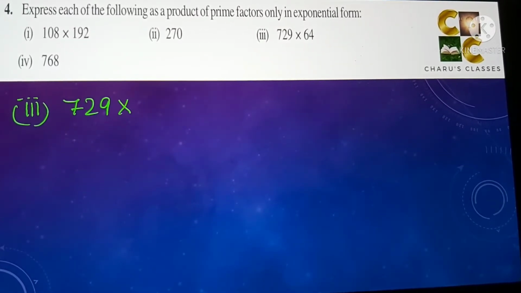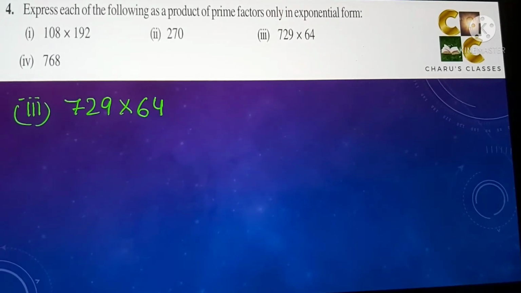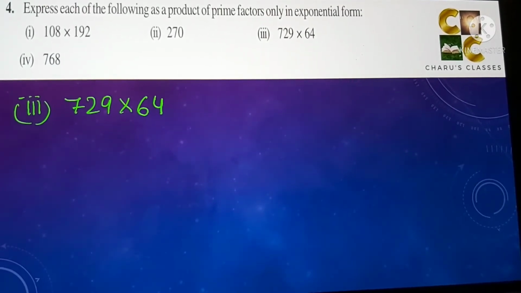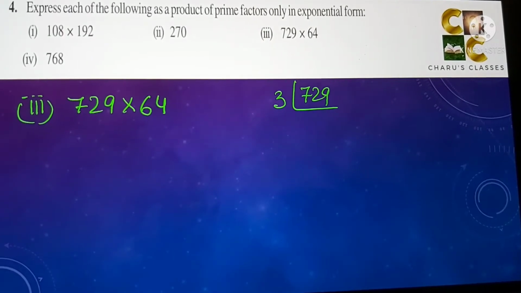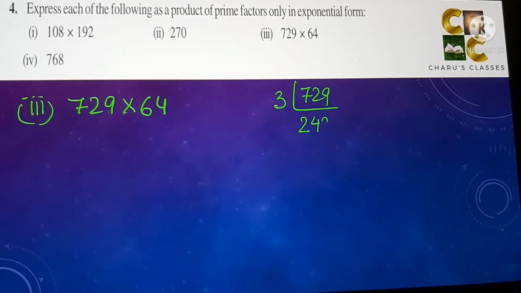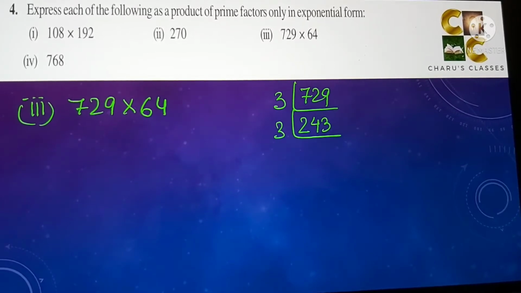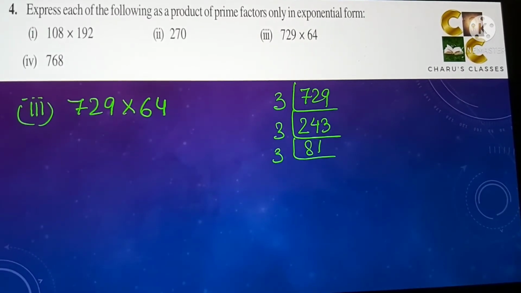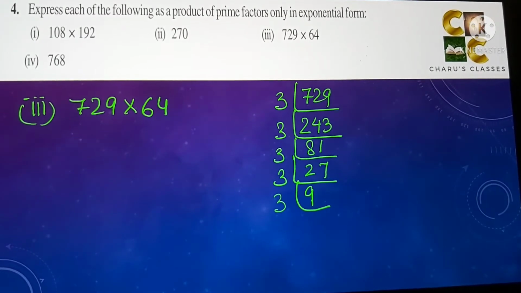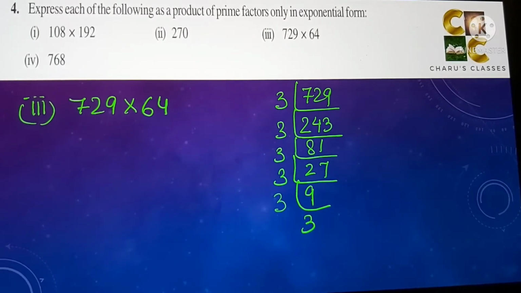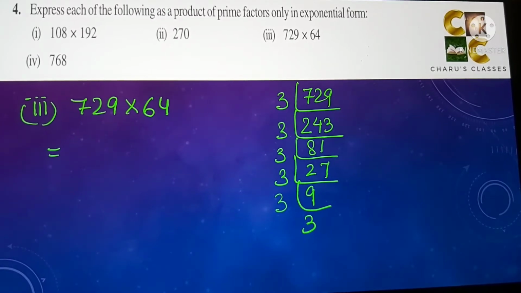Third part, 729 into 64. 729, we'll begin with 3, 243, 81, 27, 9, 3 and 3.